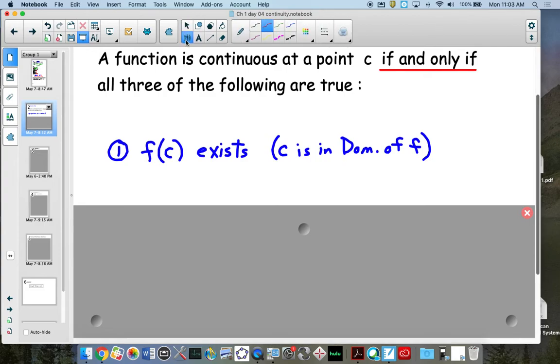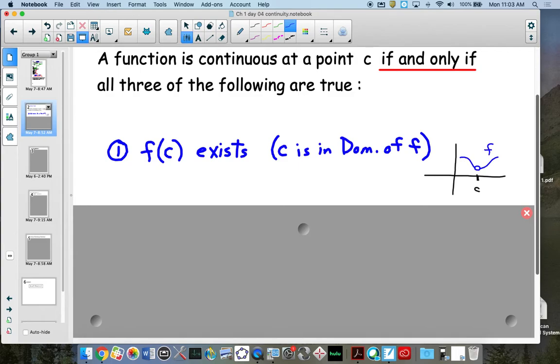So let me give you an example where that would not work. So let's say we have our function here. Here's x equals c. And let's say our function f looks something like that. Obviously this function is not continuous at c because f of c does not exist.